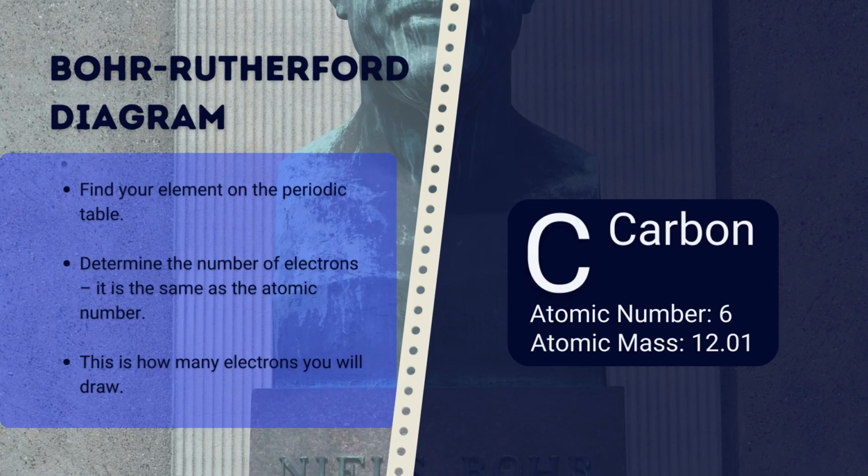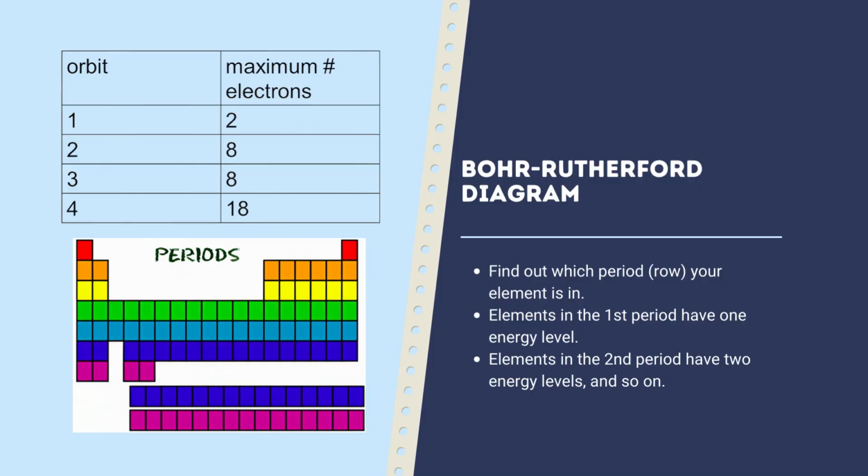Okay, so we learned that the Bohr-Rutherford model is a simplified model of the atom that helps us understand the arrangements of electrons in an atom. To use this model, you first need to identify which period or row your element is in on the periodic table. This will tell you how many energy levels the element has.